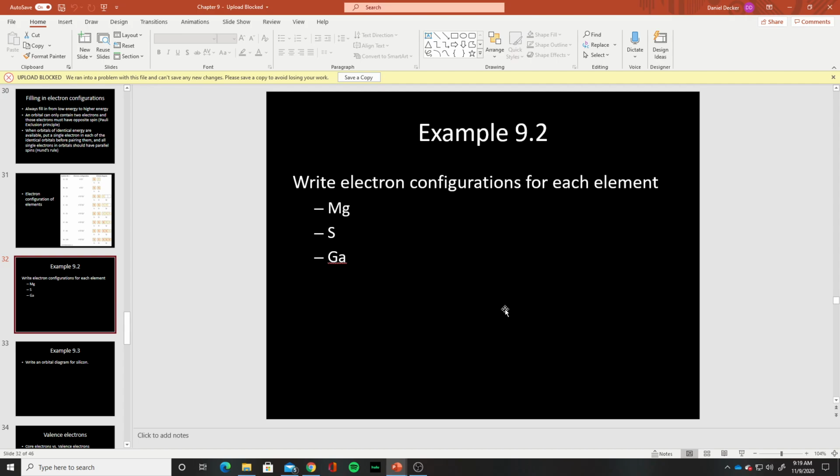Now, the way this is going to work, you're not going to write the entire electron configuration. I'm going to have the question set up where essentially you just have to put in the correct number of electrons. Now, this is by no means ideal.